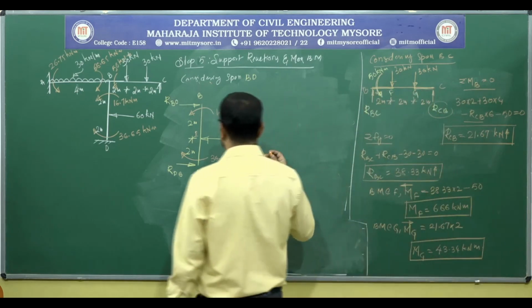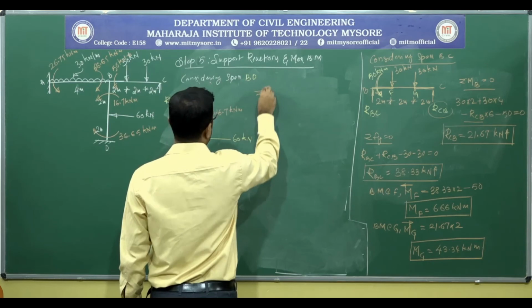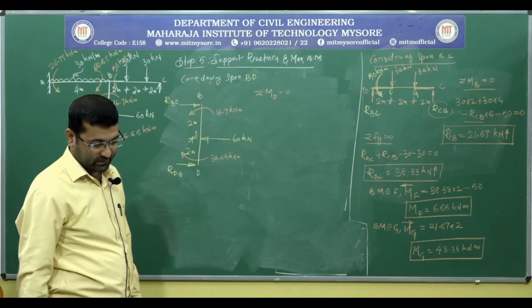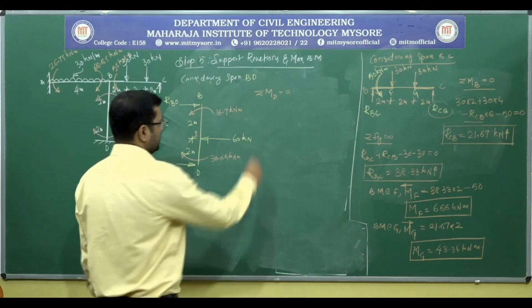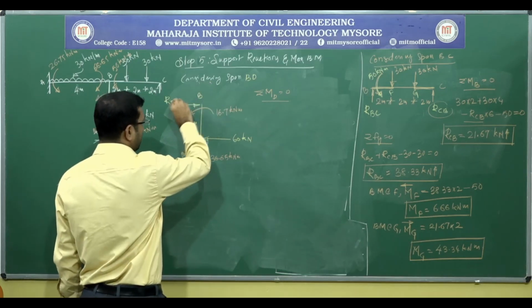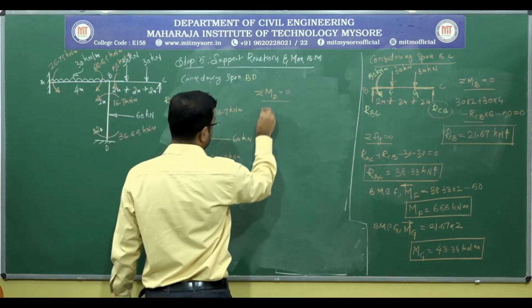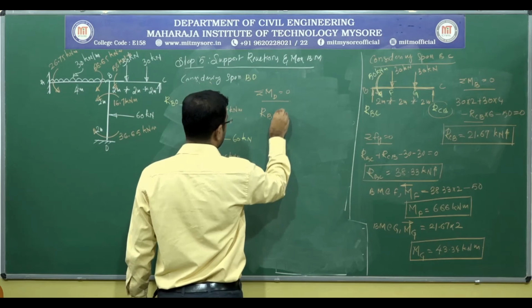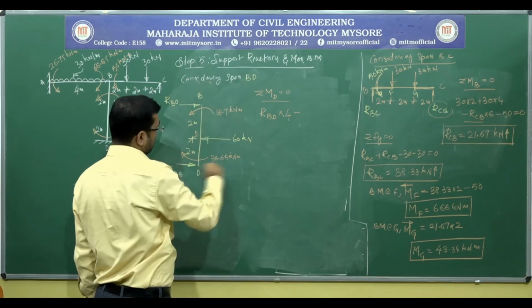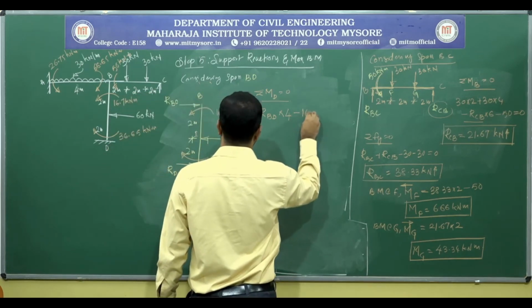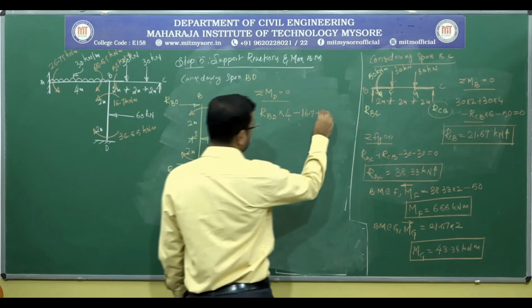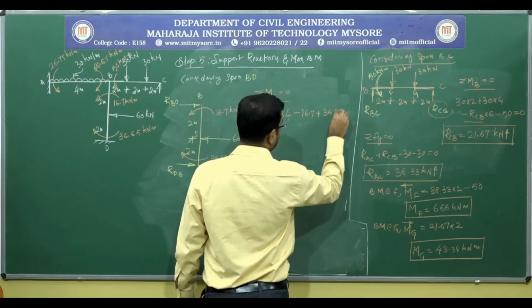For that, I will impose the moment condition first at point D and equate it to 0. If I take the moment here, then this RBD is creating a clockwise moment. So RBD into its perpendicular distance, which is 4, then minus this anticlockwise moment, 16.7, then we have this clockwise moment, that is 36.65.